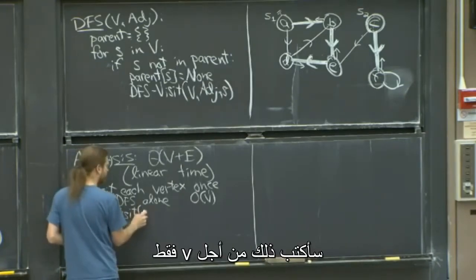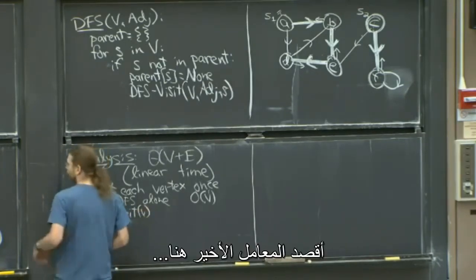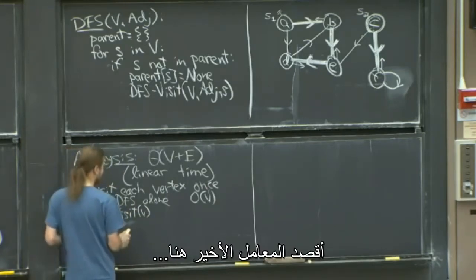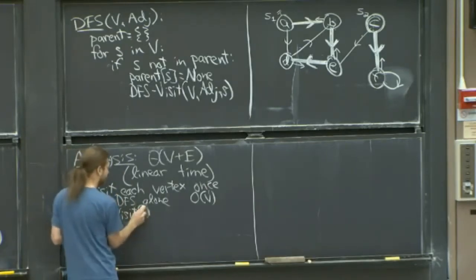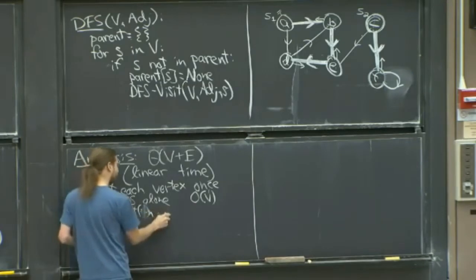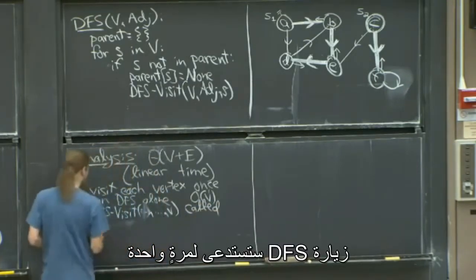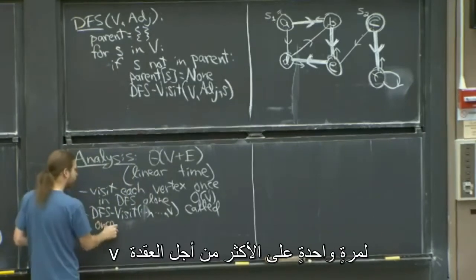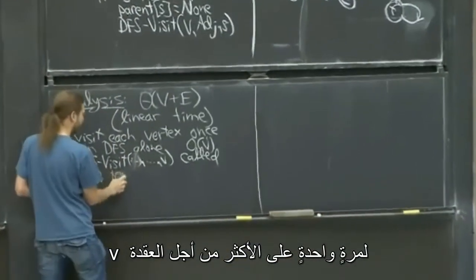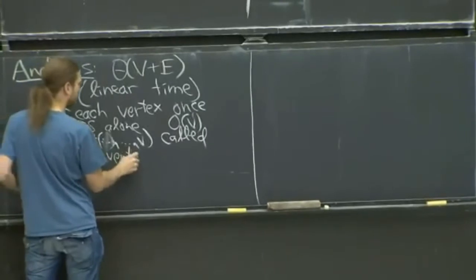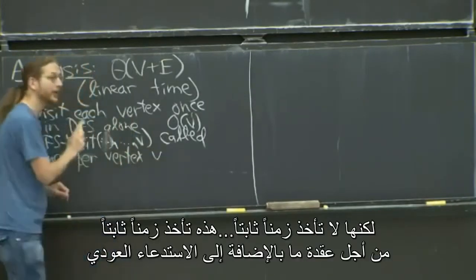So DFS visit of v, meaning the last argument here, is called once, at most once, per vertex v. Okay, but it does not take constant time.